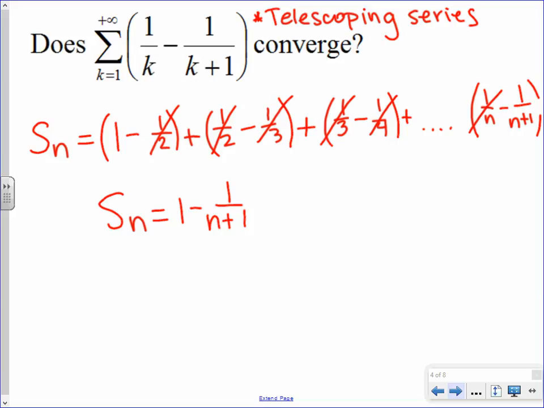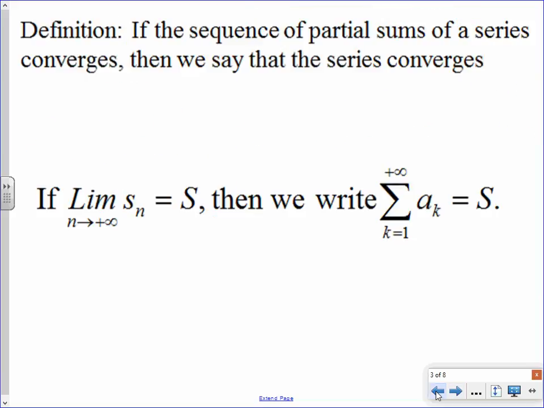So here's our nth partial sum. Flash back to the previous slide. If we can take the limit of this nth partial sum, that will give us what we converge to.